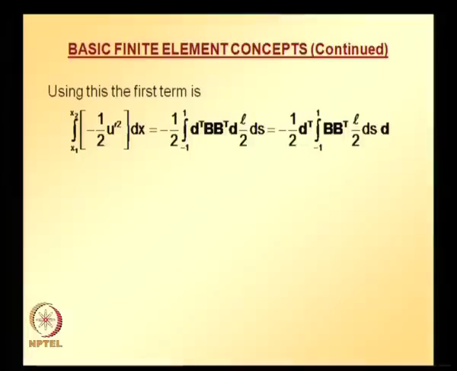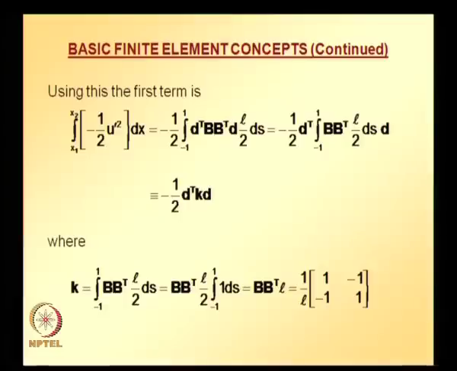So, that is how you obtain the second term, and the third one, by pulling out the d which is not a function of s out of the integral, you get the third term, and this can be compactly written like this, where k is defined as integral -1 to 1 B transpose B L over 2 ds.